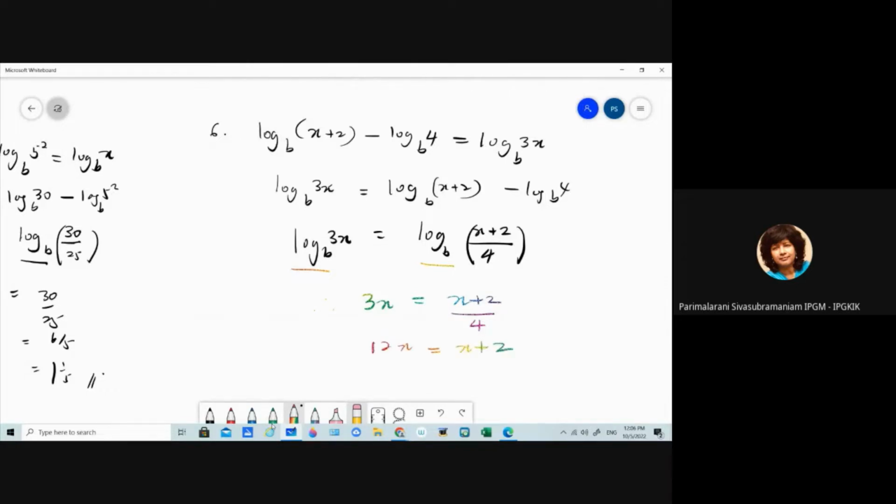So tell me what's the answer. 2/11. Okay, so 12x minus x is equals to 2, 11x is equals to 2, x is equals to 2/11. Good.